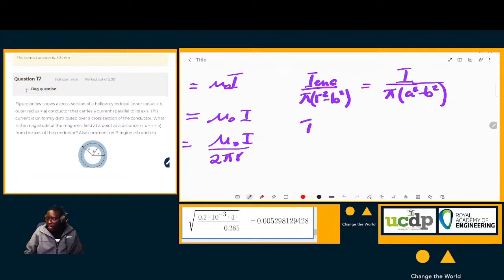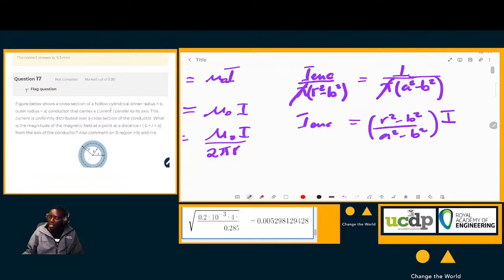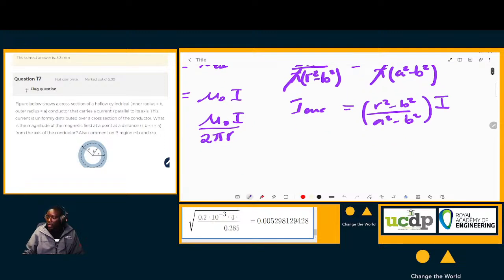So our I enclosed, the pi cancels out, remains as r squared minus B squared over A squared minus B squared, everything multiplied by I. So I enclosed is a fraction of I given by the part in brackets.